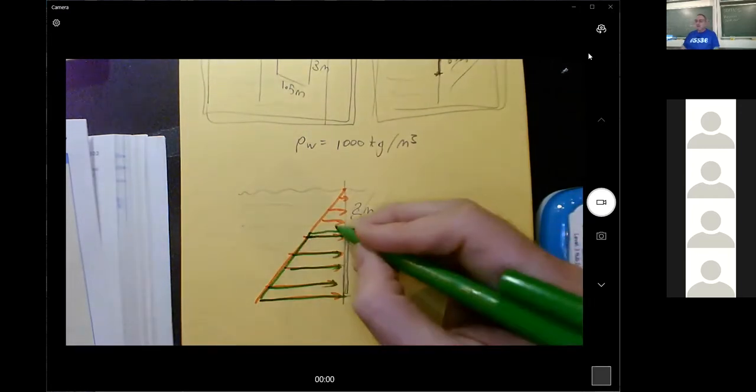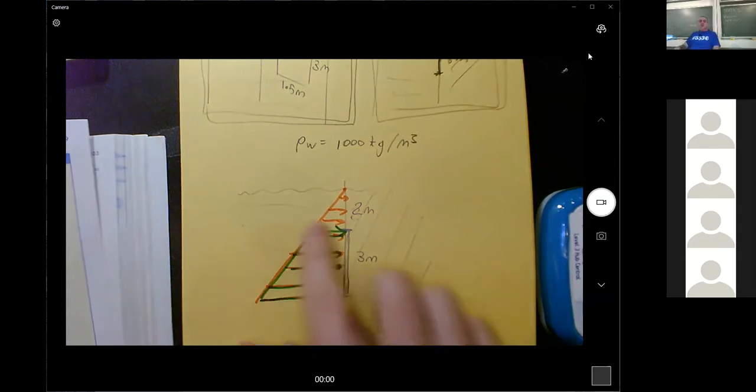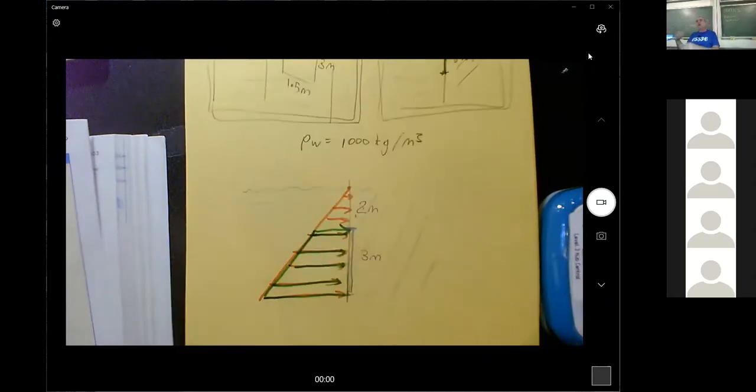And so it's that amount of pressure that's pushing on the plate that I'm going to need to somehow combine together into one force. If I just combine this drawing, it'll be in forces per meter, newtons per meter, and I'll have to multiply it by the depth, this length here, to get just the straight up force.